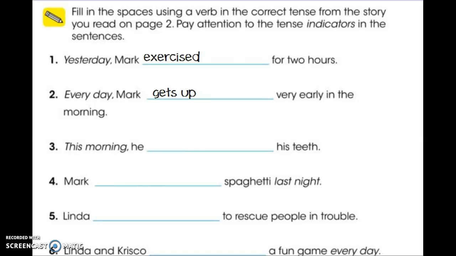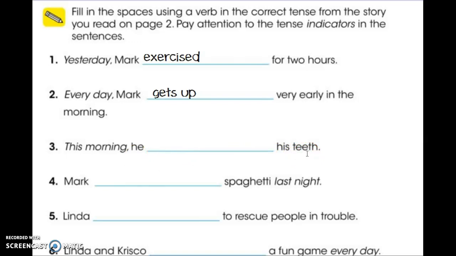Now, number 3 is not difficult, but it's a little tricky. You might think that this is present, but no, this indicator is of past because this morning already happened. That's in the past. So let's look at what Mark did in the morning with his teeth.